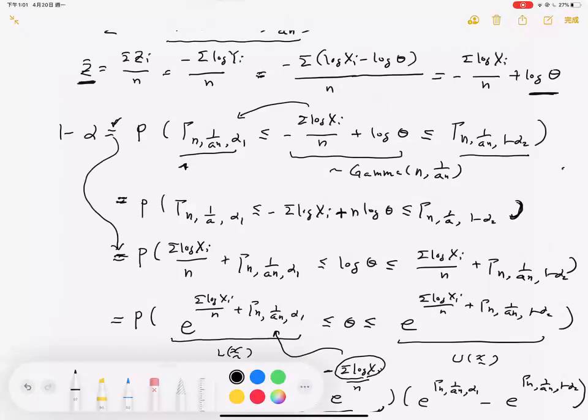Of course, both guys are exact 1 minus alpha confidence intervals. That's one thing you need to ask yourself: are these two intervals exact intervals, asymptotic intervals, or approximate intervals? These two guys are exact confidence intervals because they're both derived from the exact distribution. That's the number one thing to know there.